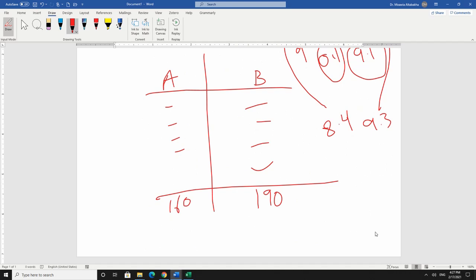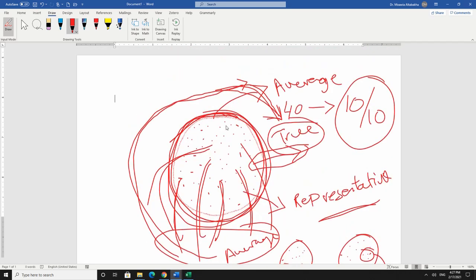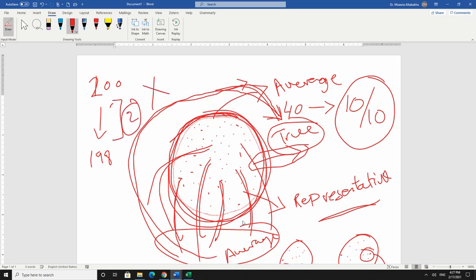That's the question you need to ask yourself. For example, if someone's cholesterol level is 200 and it goes to 198, is the 2 here important? No, it's not important.